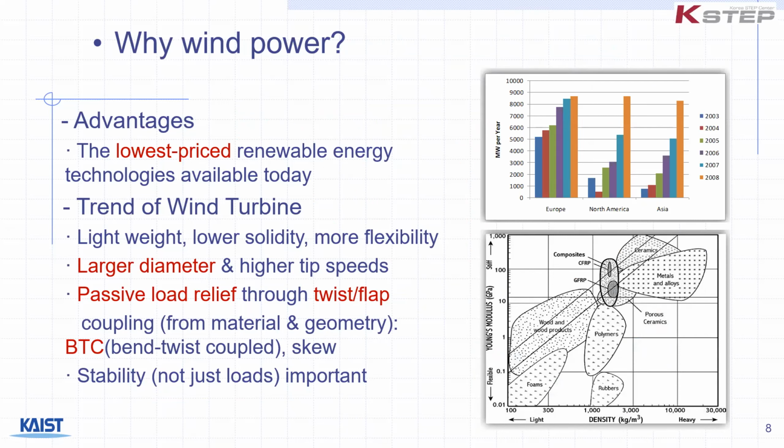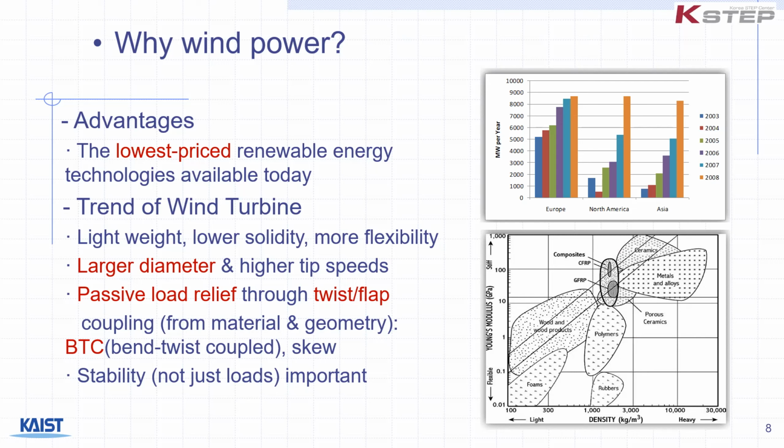So why wind power? Comparing to solar cell or other wave energy and tidal energy, on the left-hand side you see the advantage, the lowest priced. So it is economical compared among renewable energies.